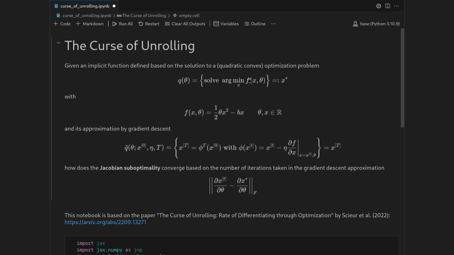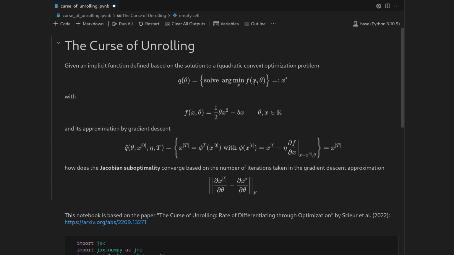So for this, we will look at a very simple problem in which we have an optimization problem for a quadratic convex optimization. And we will also make it simple in that this optimization problem is scalar valued. So we have this optimization problem defined in terms of x and given by this quadratic objective 1/2 theta x squared minus bx. And this objective shall be parameterized by theta. So the theta is the scaling in front of the quadratic term.